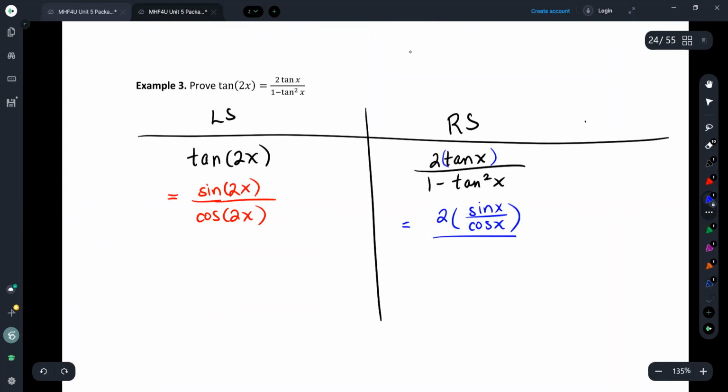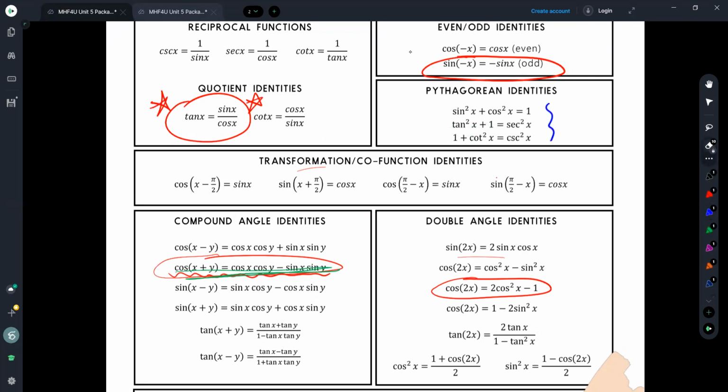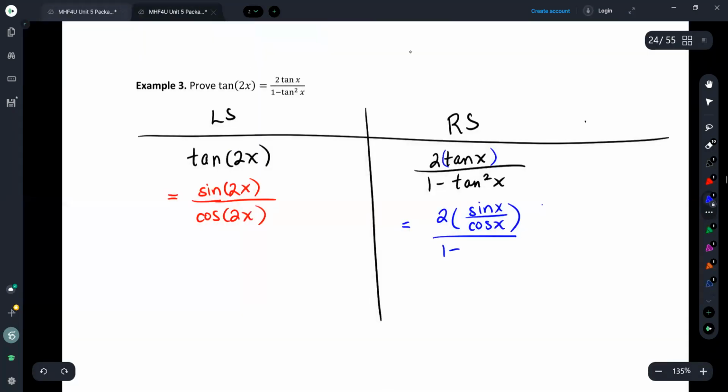That's the tan identity. 1 minus tan squared x. If I check my Pythagorean identities, I have a 1 plus tan squared x, but I don't have a 1 minus tan squared x. So we're going to have to again use the fact that tan is equal to sine over cos. So I'm going to replace tan squared with sine squared over cos squared.